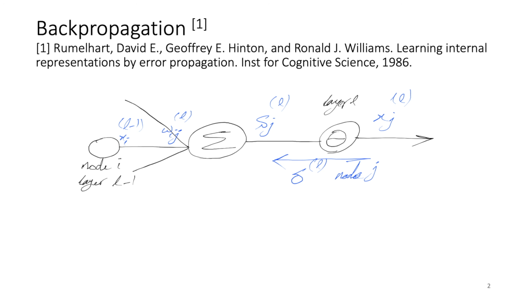So you already know that for any simple neural network with sufficient hidden layers, you're going to pass the inputs, or if you are in the hidden layers in the middle, we call it x_i of l minus 1, the l minus 1 layer. Each of those neurons is connected to the next node, and they pass a signal, what we call s_j. You multiply by the weight and sum them up.